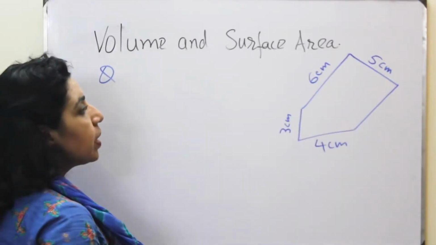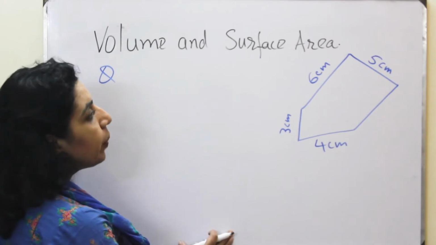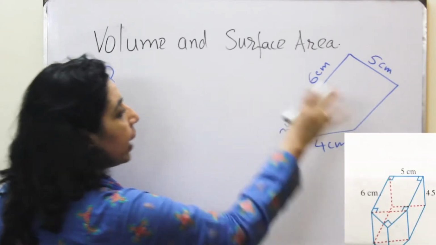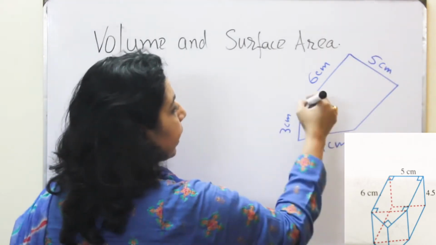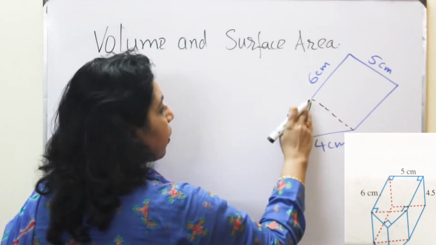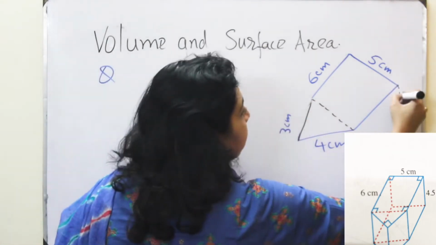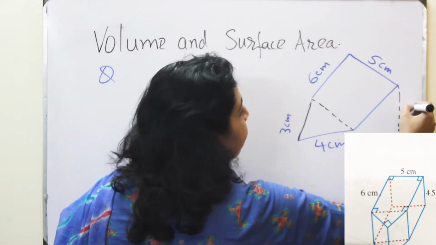The next question, we have to find the volume and surface area of this prism. I have only drawn the base of the prism. It's a rectangle, you can see. And the dimensions of the triangle are 3 centimeter and 4 centimeter. The height of the prism, here it is 4.5 centimeter.